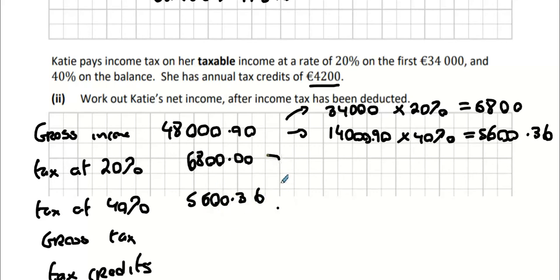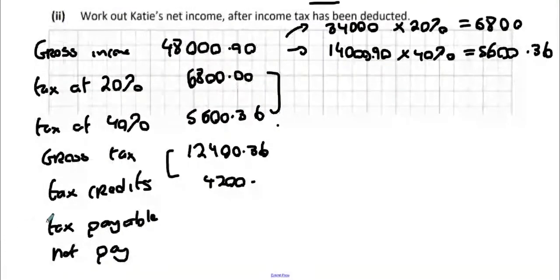So you're going to add the 2 of these together, and what you should get is 12,436. And then we got to take away our tax credits, which is minus your 4,200 from this. So it's the gross tax, take away the tax credits, and what that will leave us with is tax payable, which is 8,236.